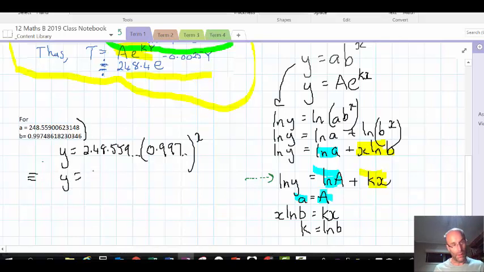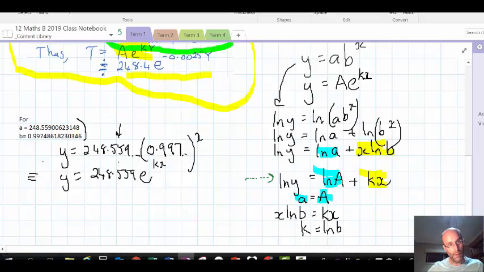It's equivalent to y equals 248.559. Looks like a decimal point there. It's a stray dot. There we go. Fixed. e to the kx.